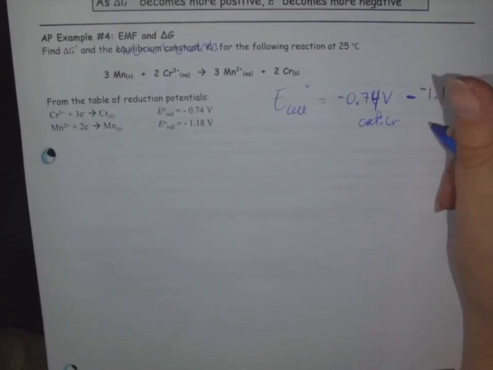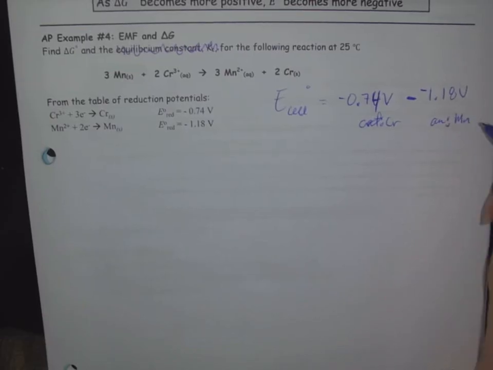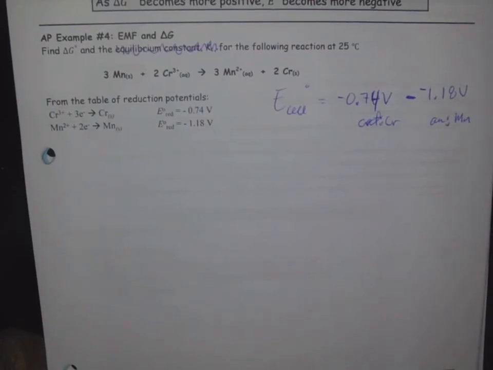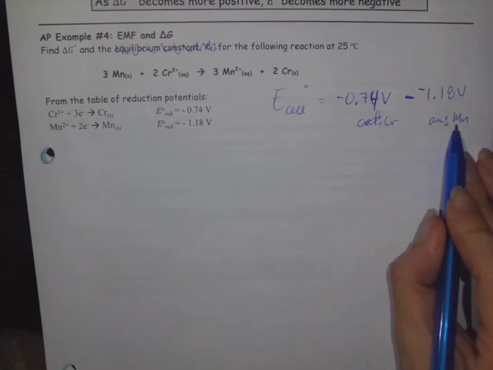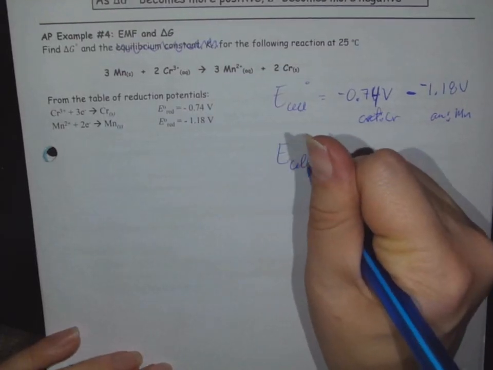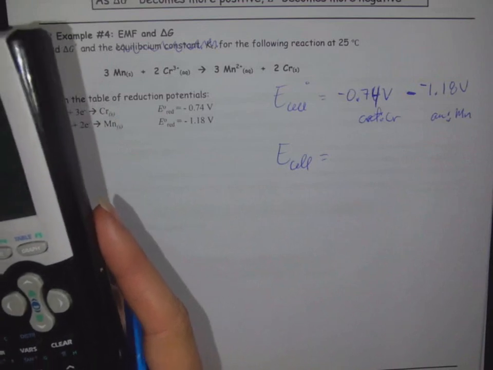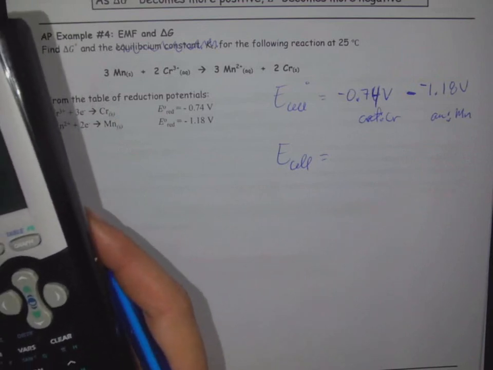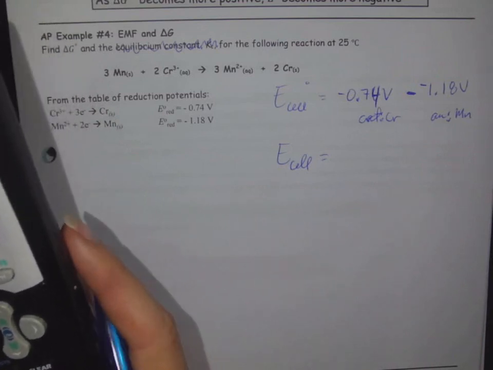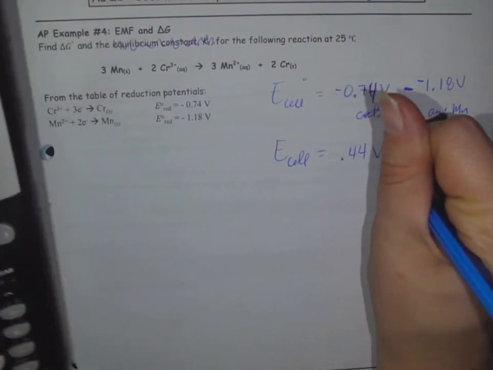This is our anode, and it is the manganese, not magnesium, manganese, Mn. This will tell us our E cell. We're almost done. So negative 0.74 minus negative 1.18, so our cell has a voltage of 0.44 volts.